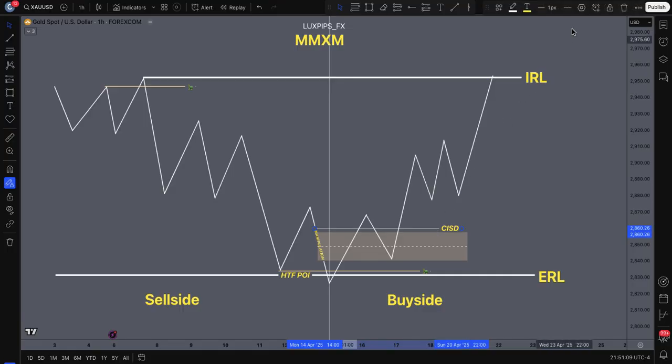So now we know what CISD is. And we know what IFG is. Now we need to talk about SMT. A lot of people have this wrong. The SMT.